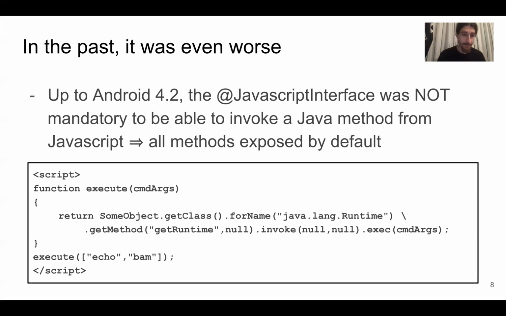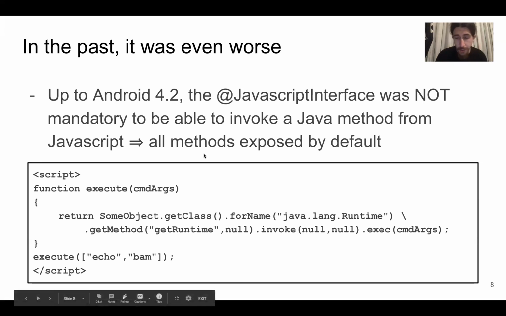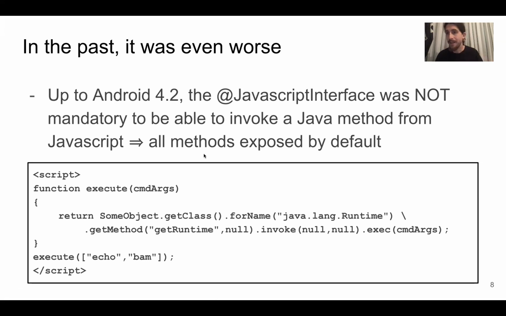Okay, so there were proofs of concept going around that looked something like this, where you could define an execute JavaScript function that, again, the attacker would inject in the target application, and then you could do something like this, basically playing with reflection. You could get access to the runtime object and then invoke a command, either invoke a shell command or get a shell within the context of the target application.